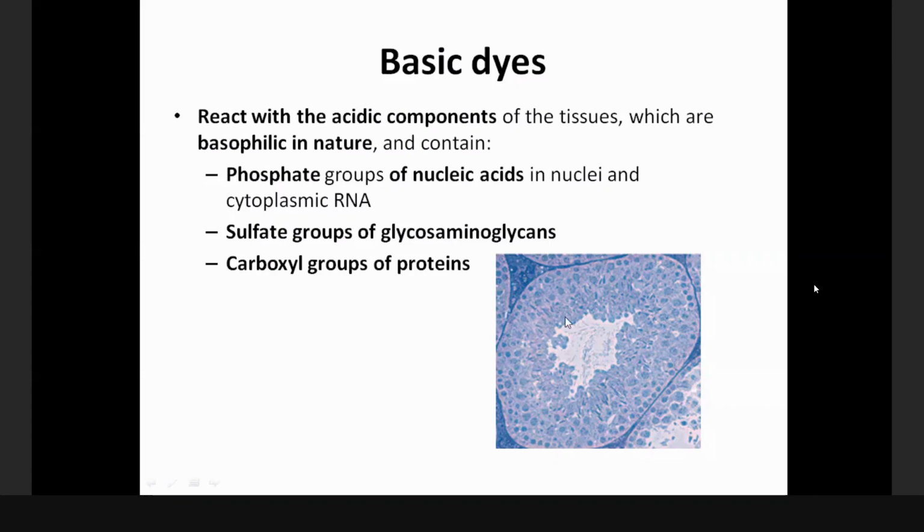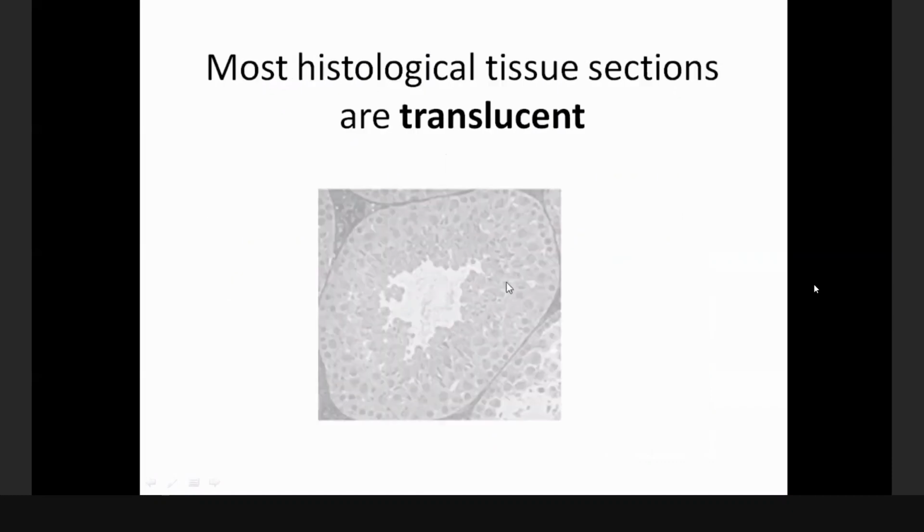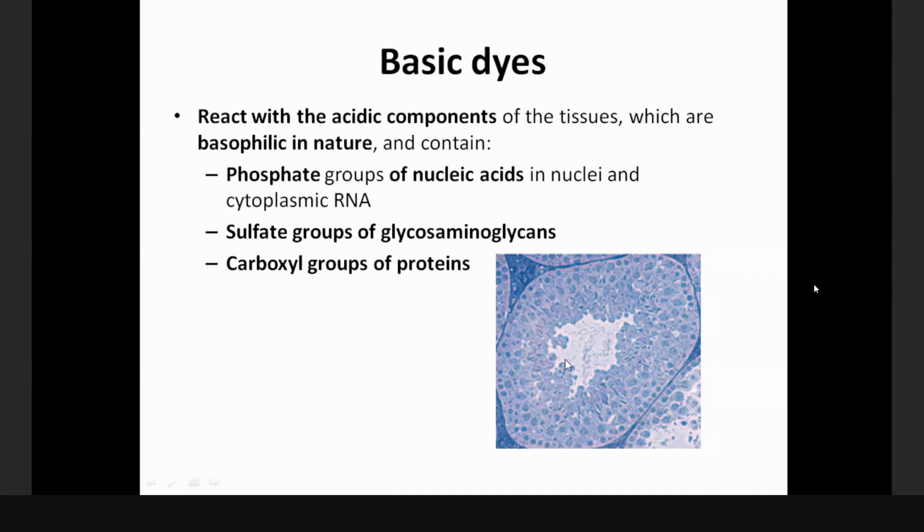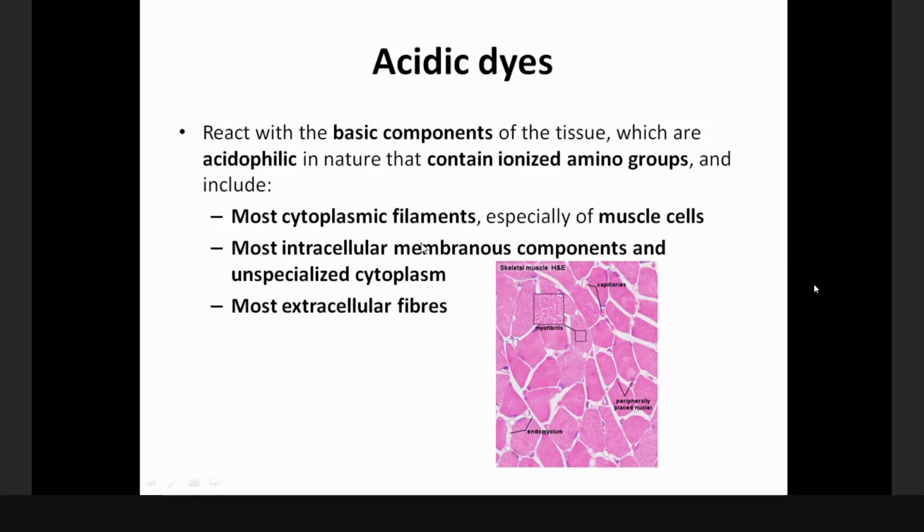Look at this. The first slide, this one, was not clear. It is not clear. But if you stain your tissue with a basic colorful substance, it can appear like this, where you can see the nucleus clearly. Some tissue components within cytoplasm are now visible. Then you counterstain after staining with one type of dye with another one.